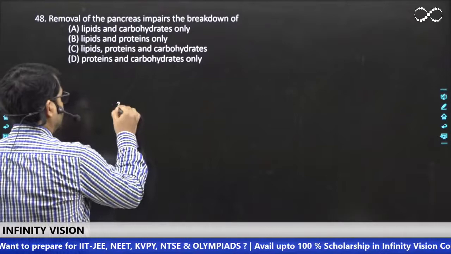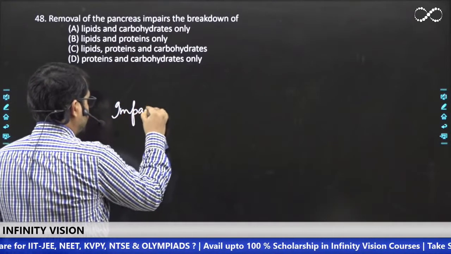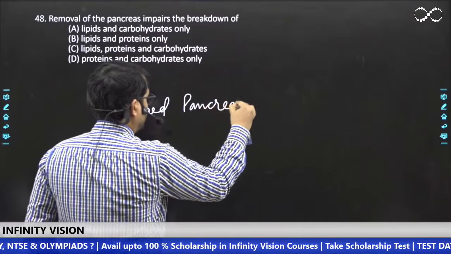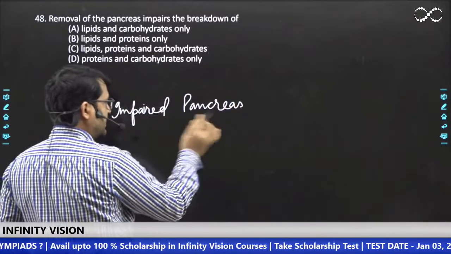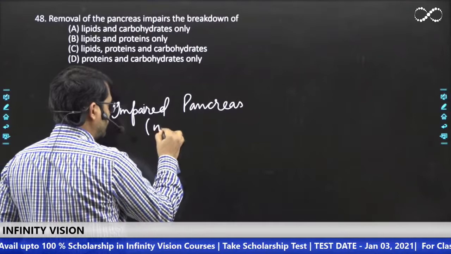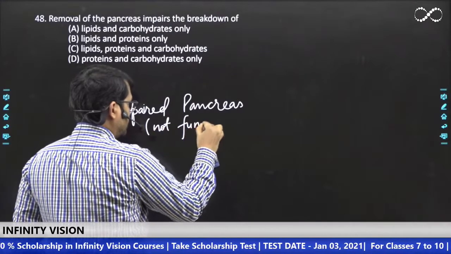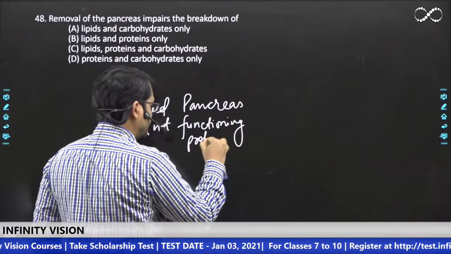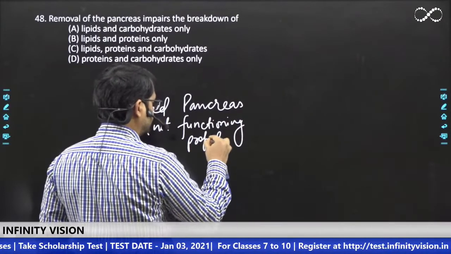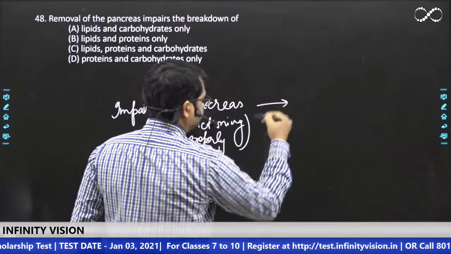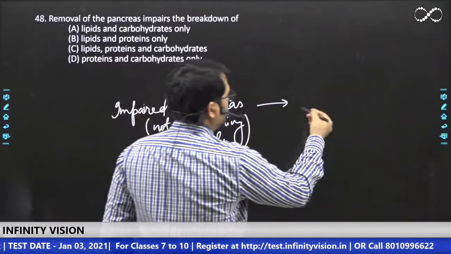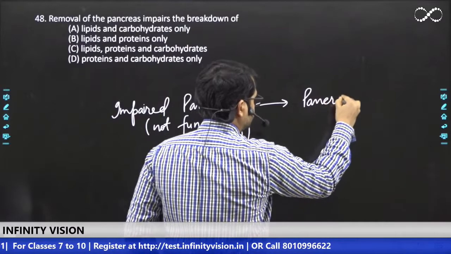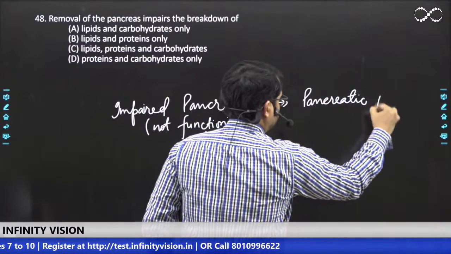When you impair the pancreas, what will happen? It is impaired, which means it is not functioning properly. This means that it is not going to produce proper pancreatic juice, right?